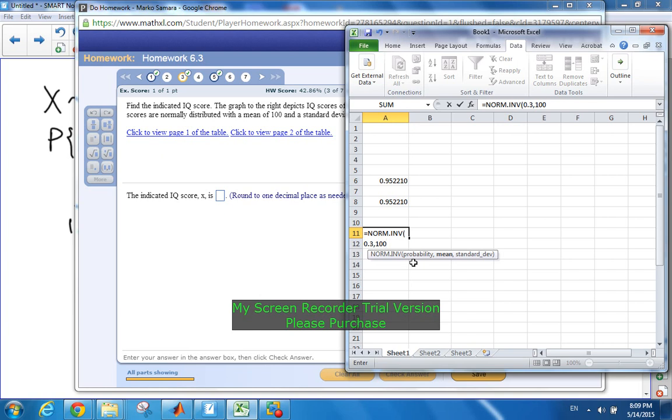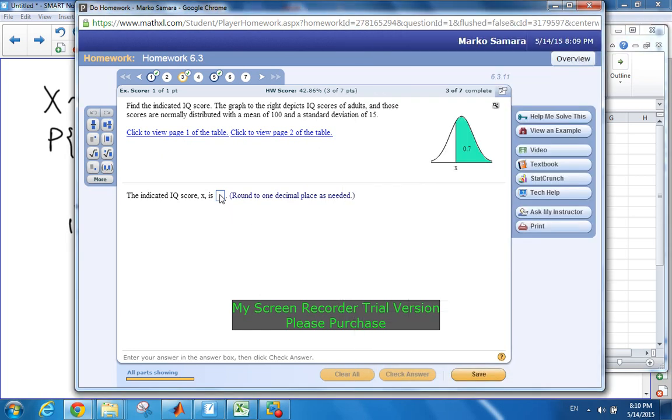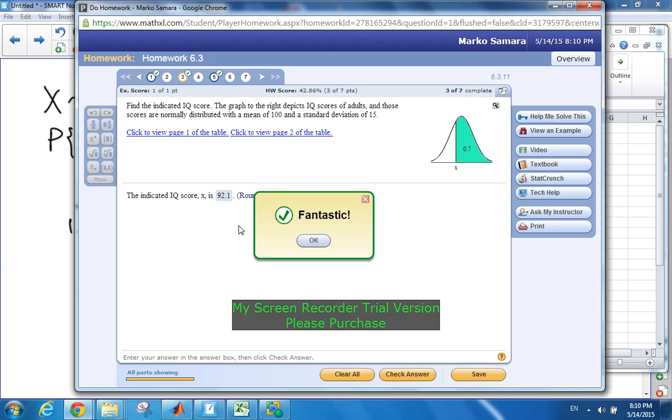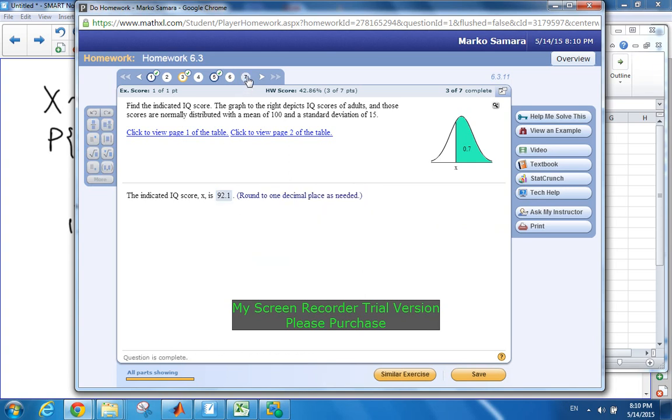The mean is 100 and the standard deviation is 15, so the X score is 92 point blah blah blah. So Ctrl+C and Ctrl+V, and it says round to 1 decimal place. Since the second decimal is 3, I just chop.